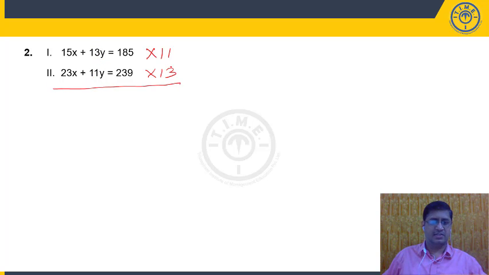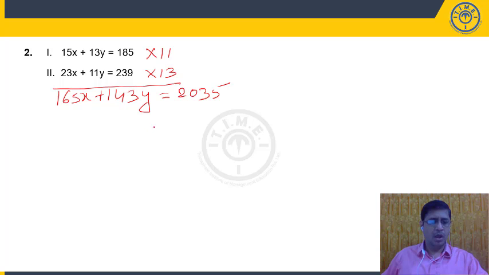What do we get on multiplying the first equation by 11? 11 into 15 is 165x + 143y = 2035.